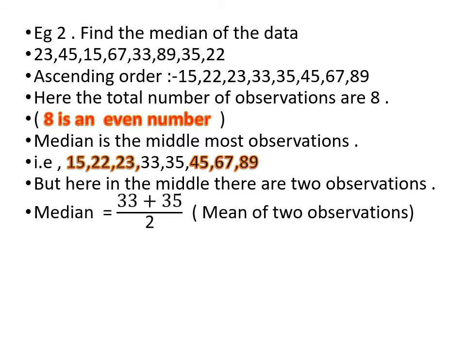Now here to find the median, we have to take the mean of these two observations, that is 33 plus 34 upon 2. That gives you 34.